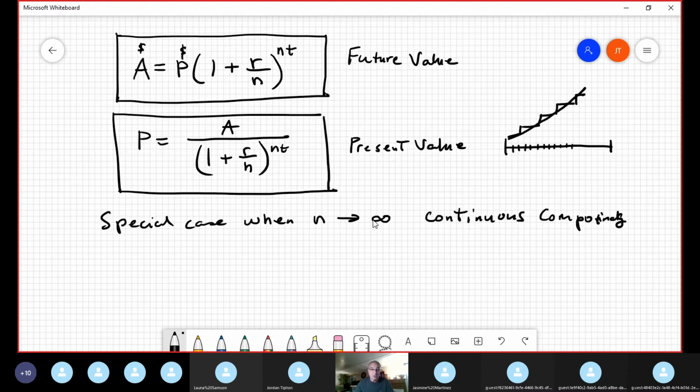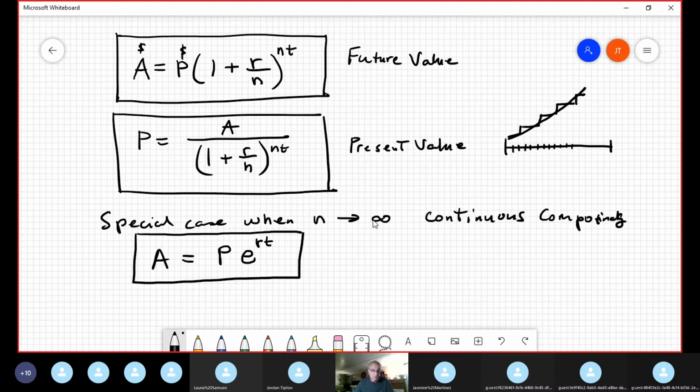So the formula changes a little bit. Future value equals P, the same P, but exponential: e to the RT. This is the formula for continuous compounding. So the money increases exponentially. And the present value is the future value, continuous.